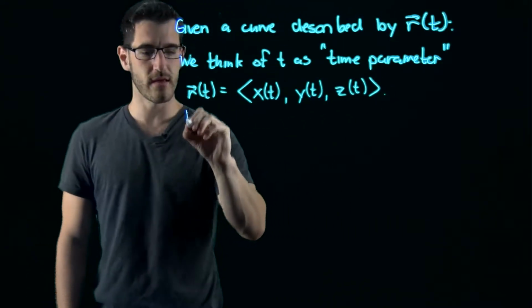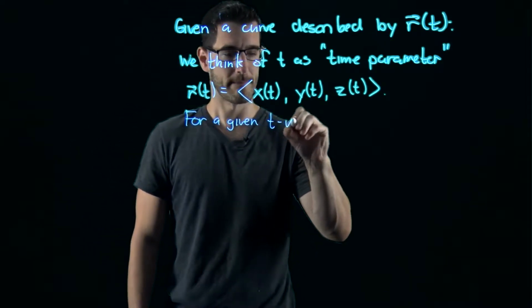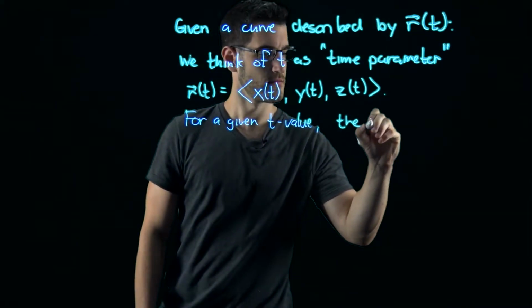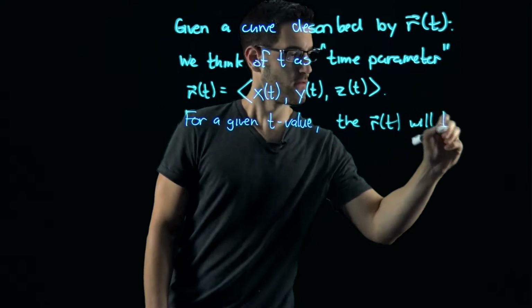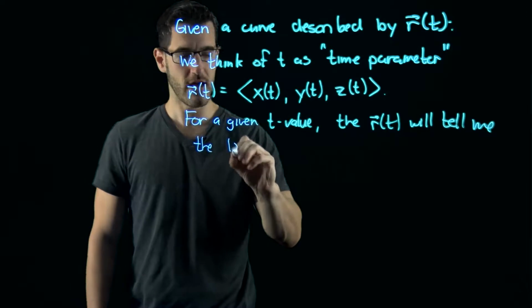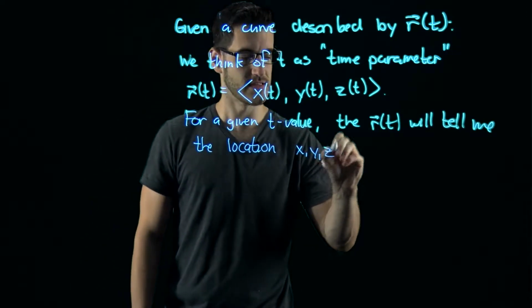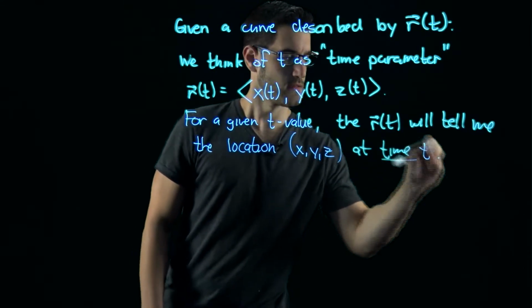For a given value of t, the r of t here will tell me the location x, y, z at time t.